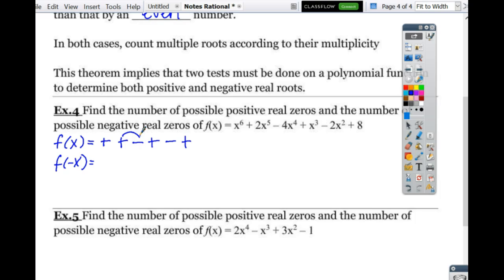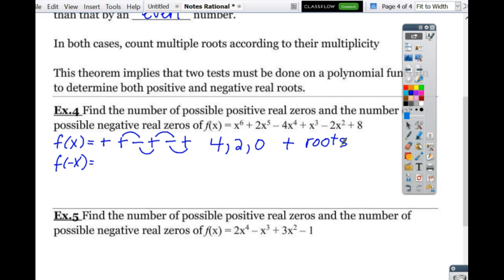So that's 1, 2, 3, 4. So I could have 4 positives or 2 or 0 positive roots, because you subtract by 2 each time.